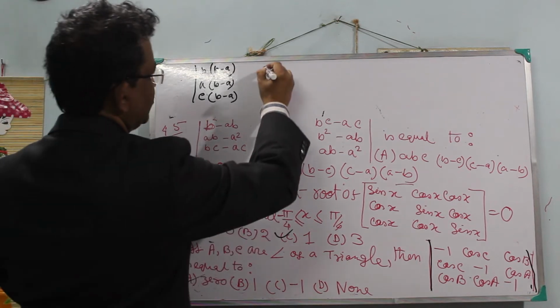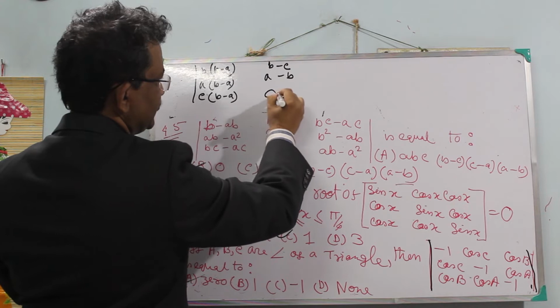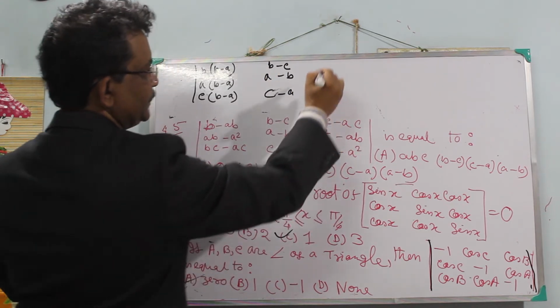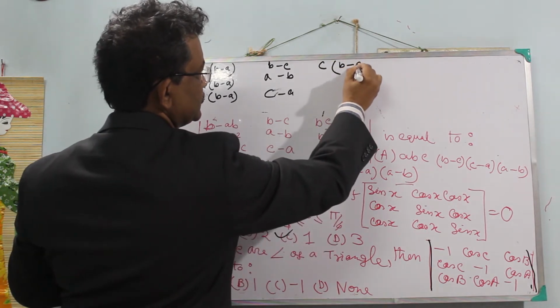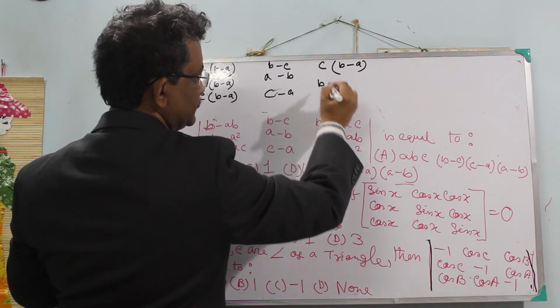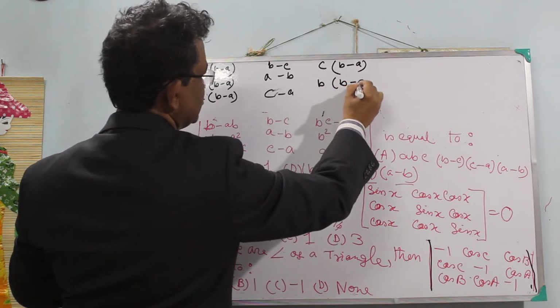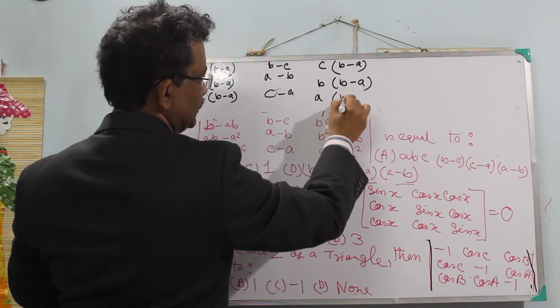Clear? And here it is b minus c, a minus b, c minus a. Take common c, b minus a, b minus a, b minus a.